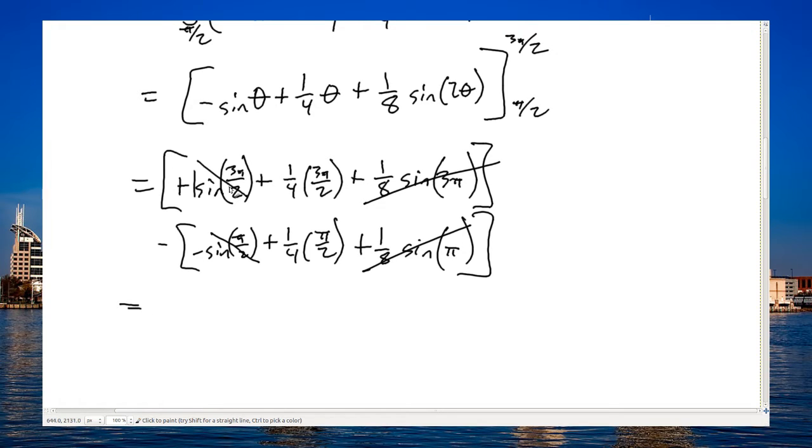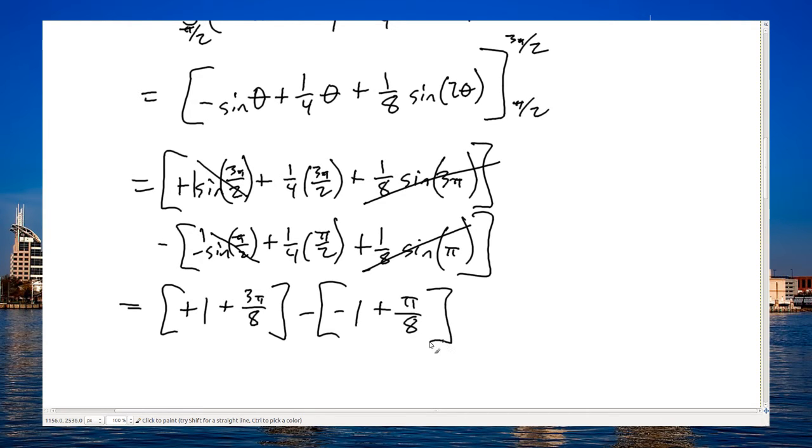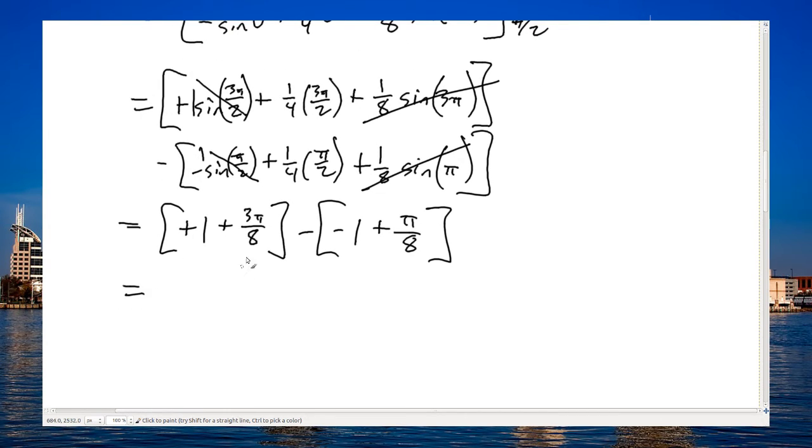So I'm getting, let's see, negative 1 plus, looks like 3 pi over 8, minus negative 1, pi over 8. All right, so let's go ahead and multiply out that negative.